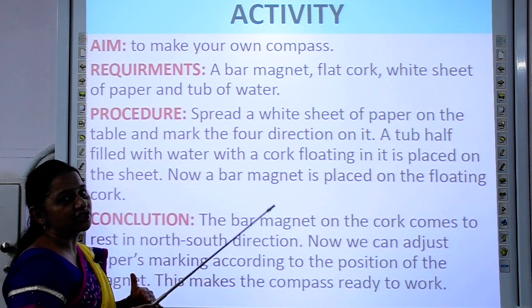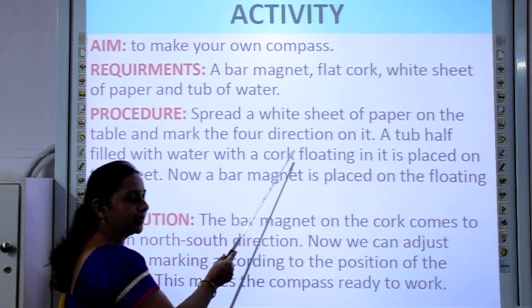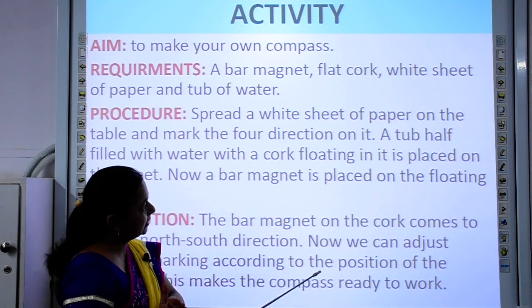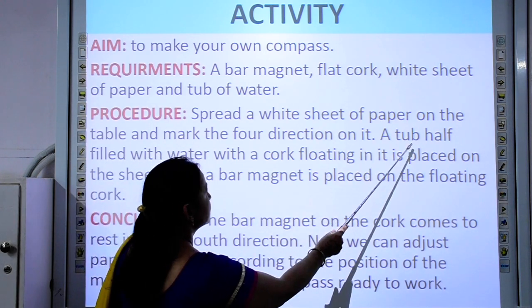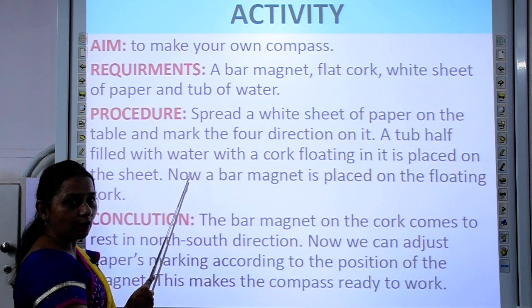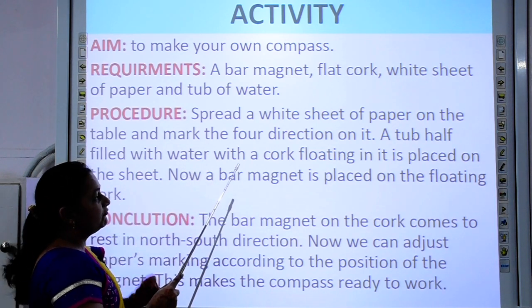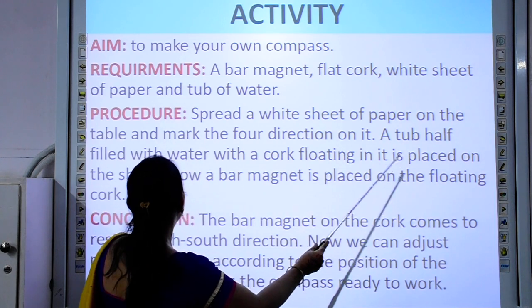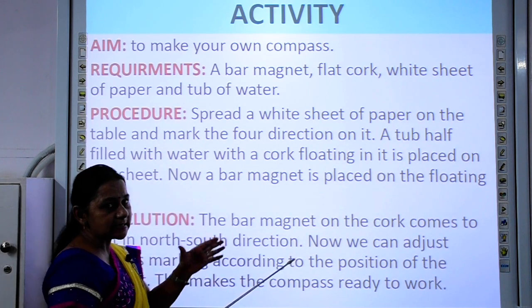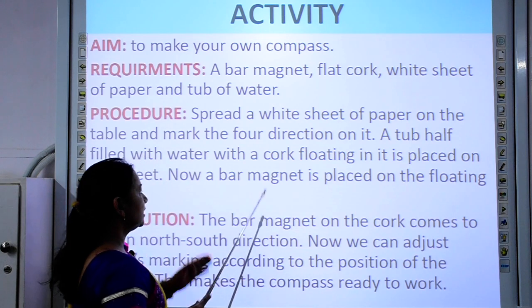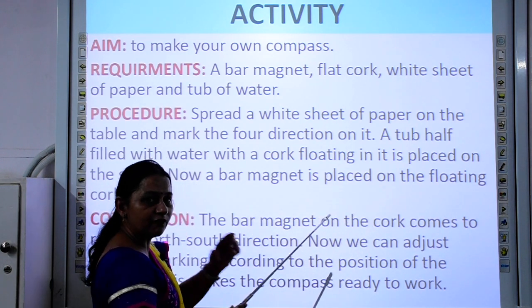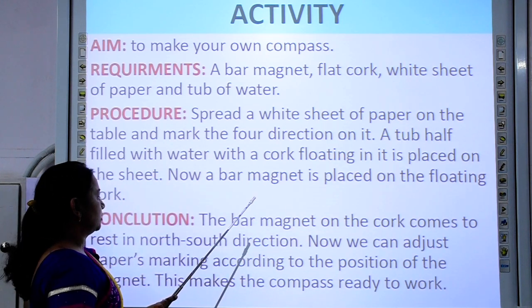On this white sheet of paper we mark the 4 directions, that is north, south, west and east. We take a tub half filled with water, with a cork floating in it, and we place this tub on the sheet. On that cork a bar magnet is placed, floating on the water.